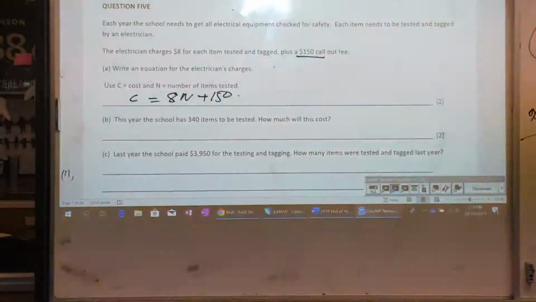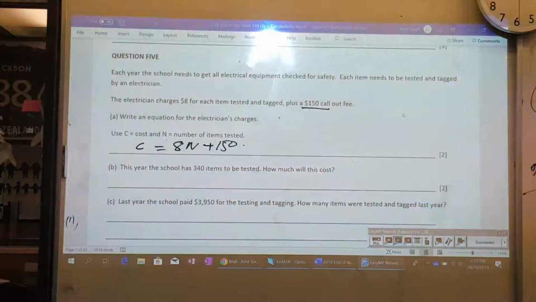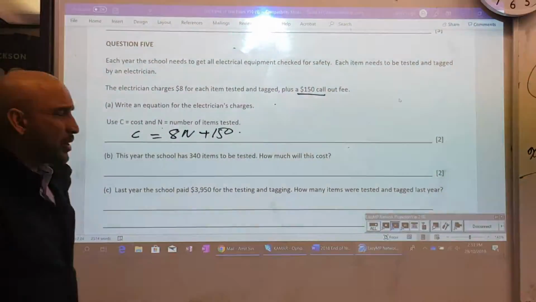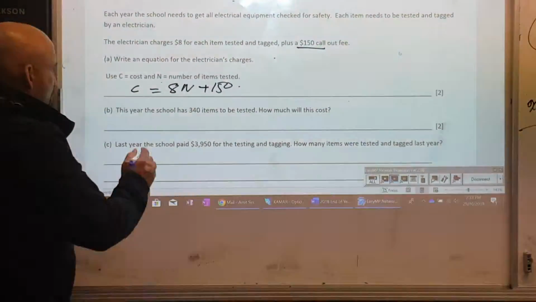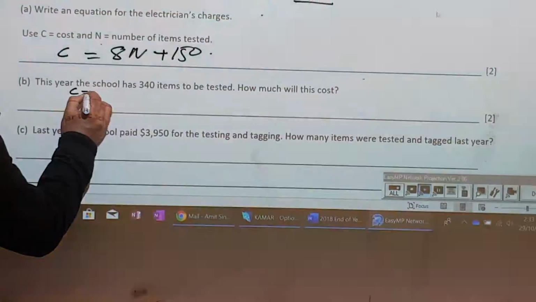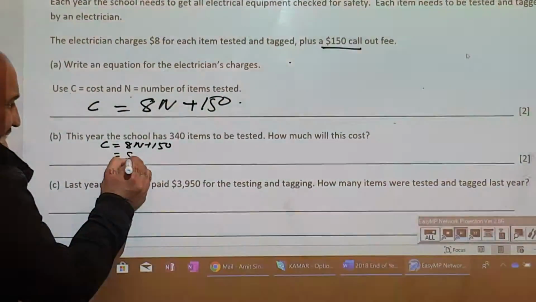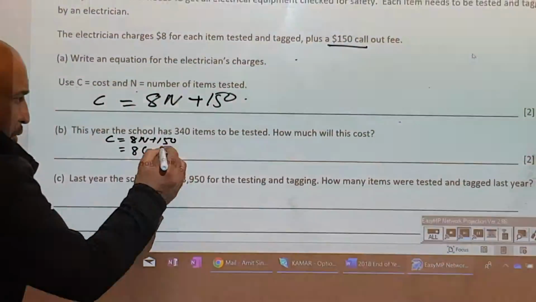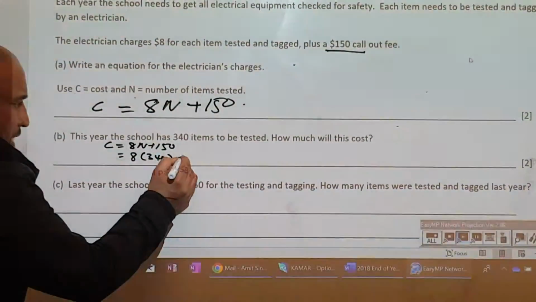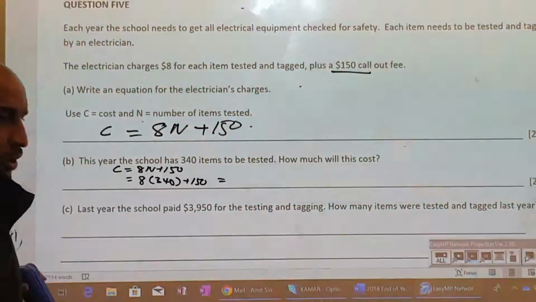This year, the school has 340 items to be tested. How much will it cost? So what's the cost price? Cost equals 8 times N plus 150, and 8 times how many items were there? 340 plus 150. So what's the total price?